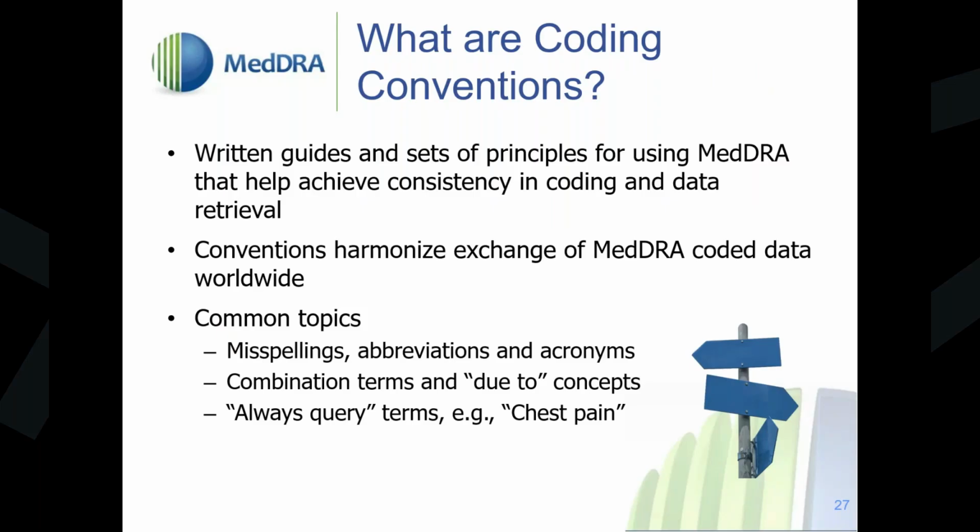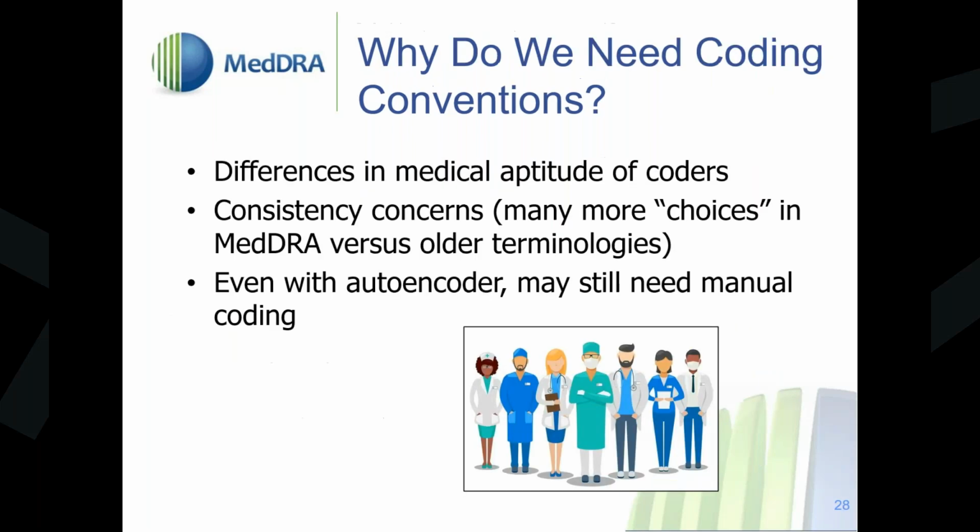And it handles some common topics. Like there's always questions of what do we do if we receive original source that is misspelled or original source that has abbreviations or acronyms? Are there any always query terms? Are there any terms that should never be allowed to auto-encode? And of course, you have different backgrounds and different experiences in your coders.